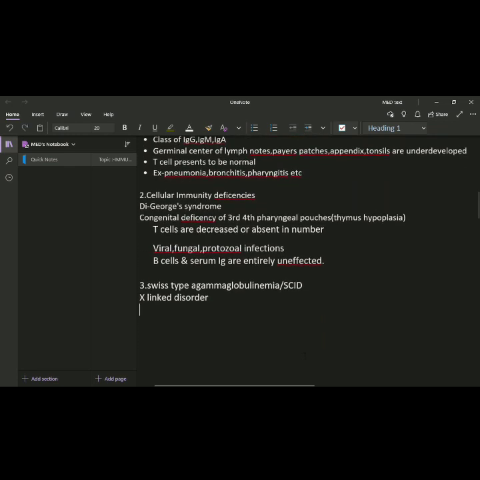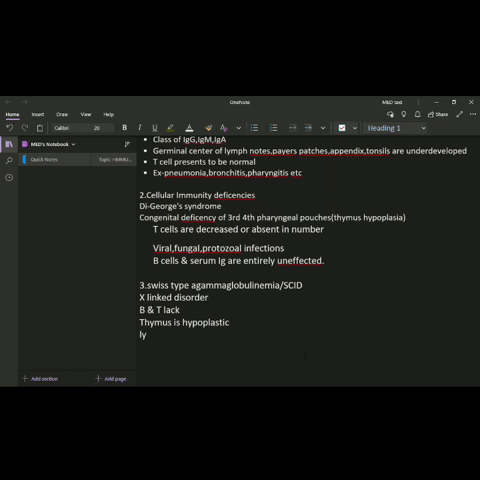In this type of immunodeficiency, both the B and T lymphocytes are lacking or absent. The same features, the thymus is hypoplastic over here, and the lymph nodes are very hard to find.